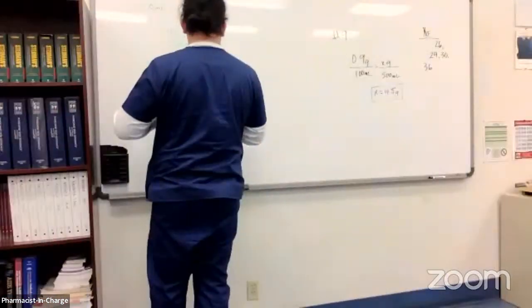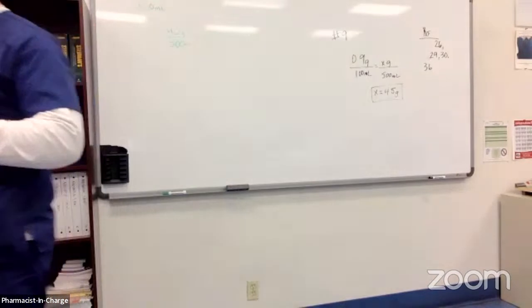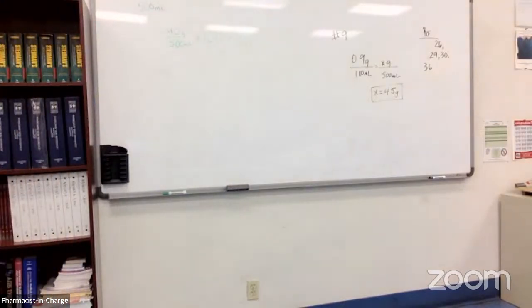Very easy, right? Number 9, explain, Jen. I did that. 500 ml of normal saline. You guys are lucky. Normal saline, it says there's 0.9% sodium chloride solution.